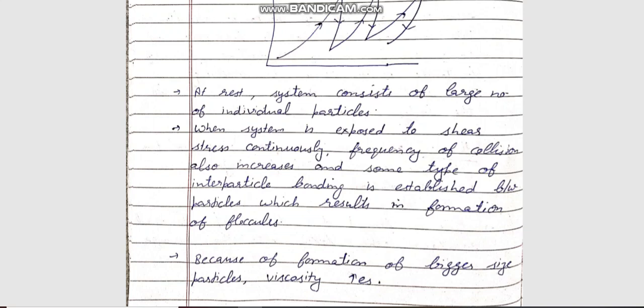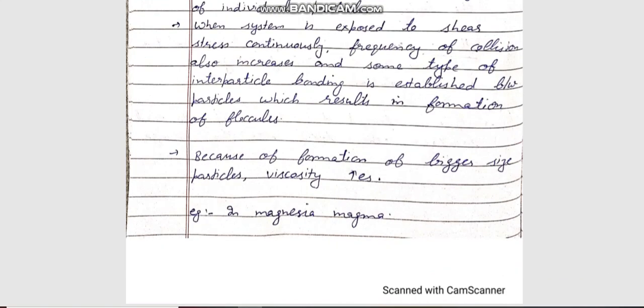In case of thixotropy, flocks are broken down, but in the case of negative thixotropy, flocks are formed. This is the major difference between the types of formation. Because of formation of bigger size particles, viscosity also increases.